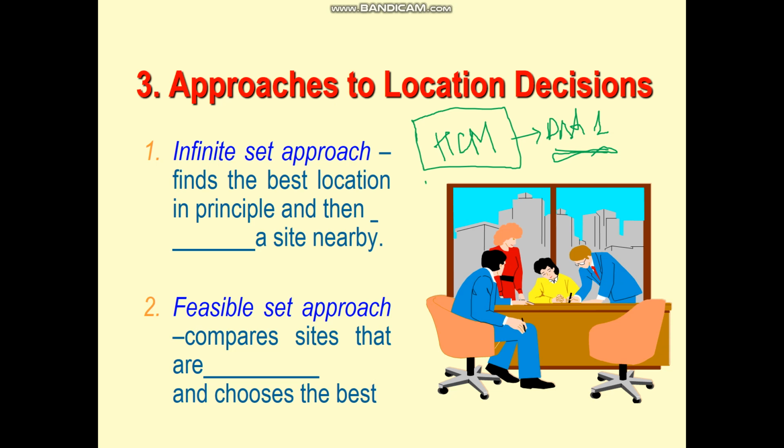That's why we have the feasible set approach, where we consider which locations are available. For example, Districts 2, 7, 3. So we will compare among these three locations and see which one is the best among those. Okay, so that is the difference between the infinite set approach and the feasible set approach.